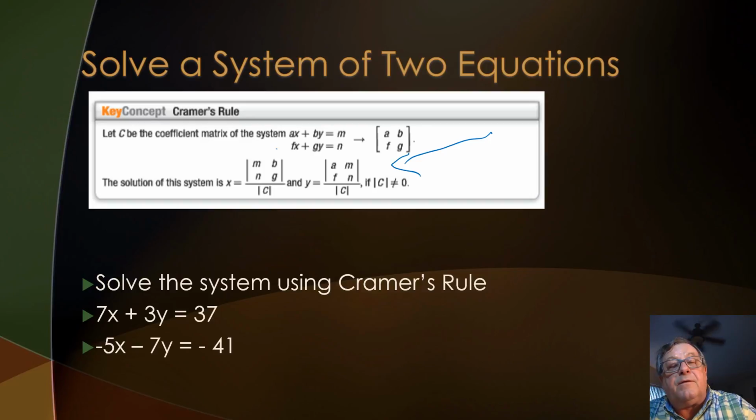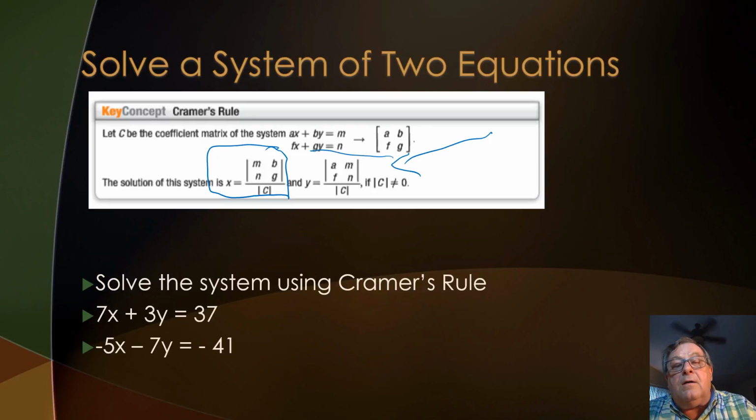So here we see that we can find the x variable by taking a matrix built of the constant of the first equation and the y coefficient, and then the constant of the second equation with the y coefficient, over the coefficient matrix of just the x and y variables. Everything's going to be a 2 by 2 matrix.